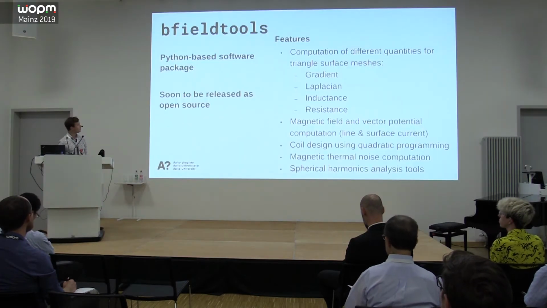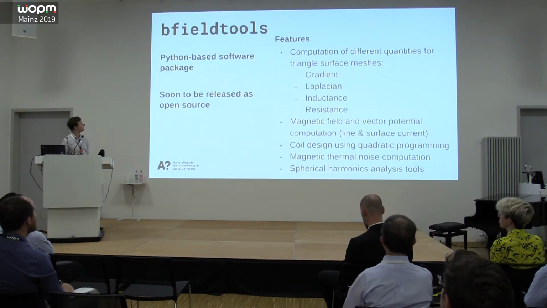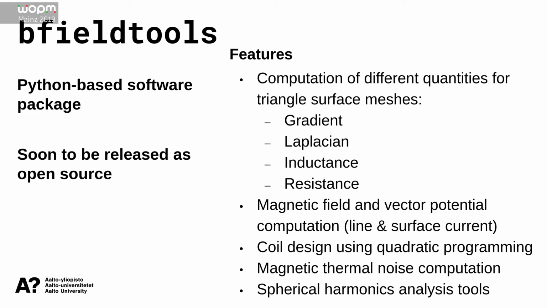So what is this bfieldtools? It's a Python software package that will be released as open source during this fall, hopefully. It was originally meant for coil design, but then why not open up the backend to all kinds of things?